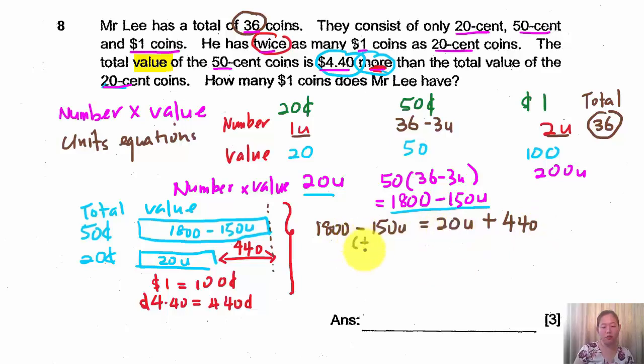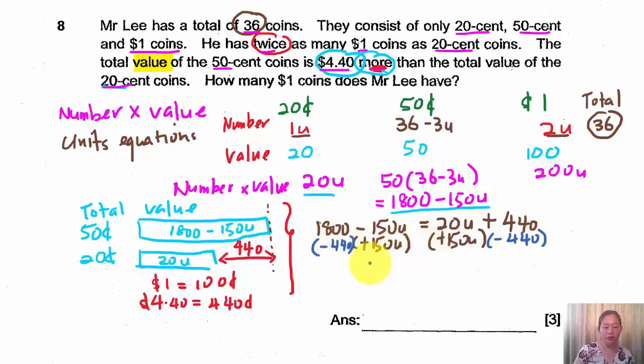Let me help you with this. If you want to get rid of this negative 150, because it is definitely smaller than 20, right, because this is a negative number, now here we have to plus 150 unit. And so here we have to minus 440, and here we will minus 440.